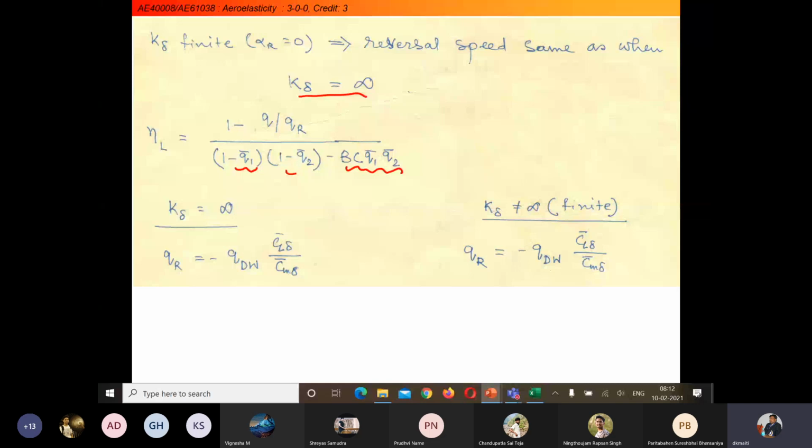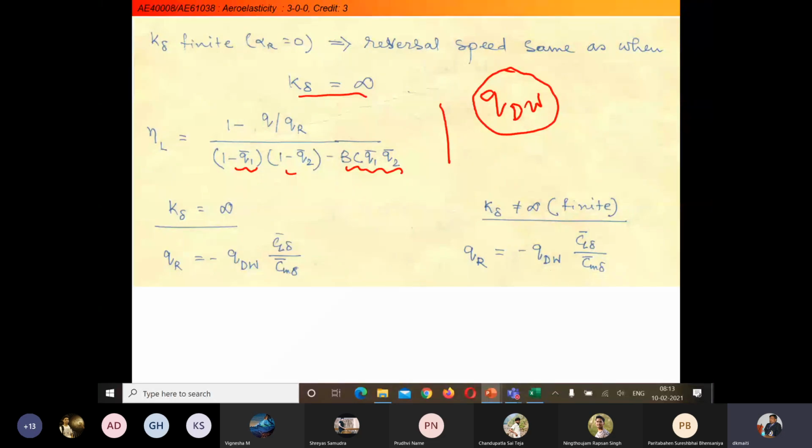With respect to that, including these 2 degrees of freedom, we are getting 2 different values of Q1 bar and Q2 bar. That means we are getting 2 different divergence dynamic pressures when we consider K delta finite. I'll come to how we can get the solution of that separately.